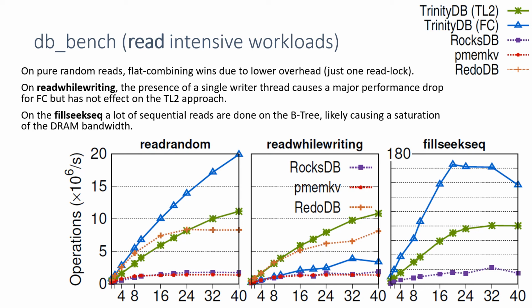But on the read while writing, a single thread is doing insertions into the database in parallel, and that causes the performance to drop immediately because it's a global lock. For TL2, this doesn't happen. The performance is nearly the same because the TL2 concurrency control allows read-only transactions to execute in parallel with write transactions as long as they are disjoint.